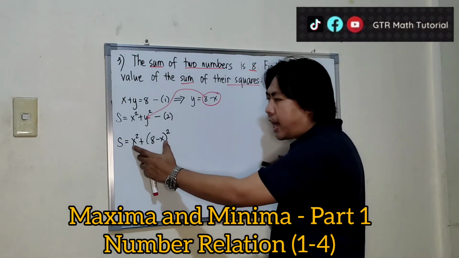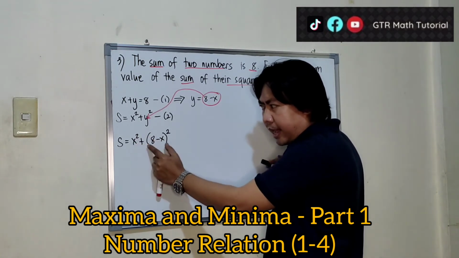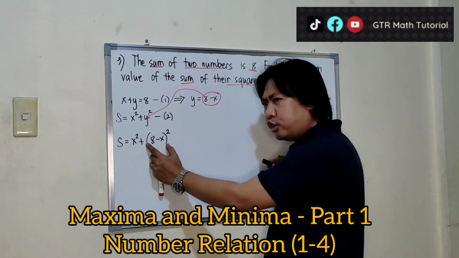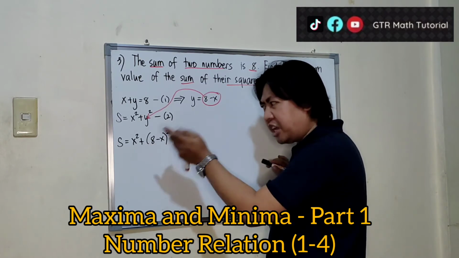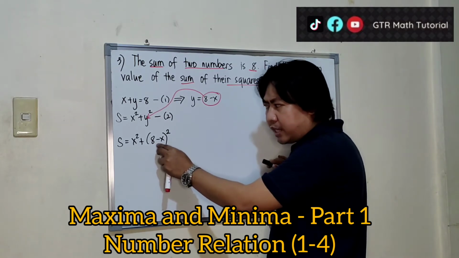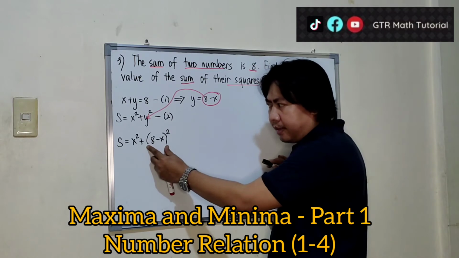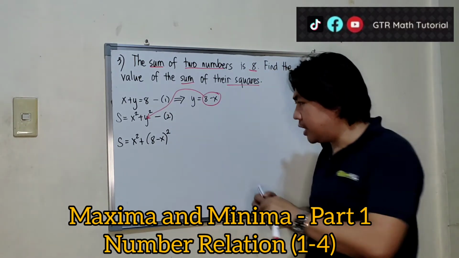Okay, so we can use the power rule since we have an exponent. And for the second term, we can also use the power rule or the chain rule. So we assign u as 8 minus x, so apply the chain rule, so power rule again. Okay, so let's solve.